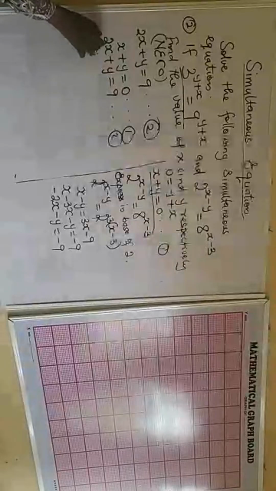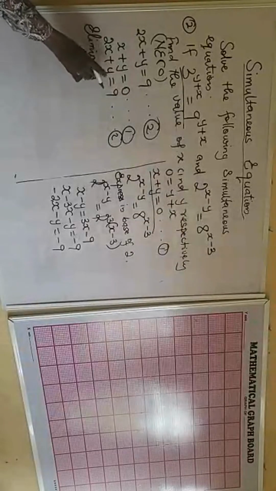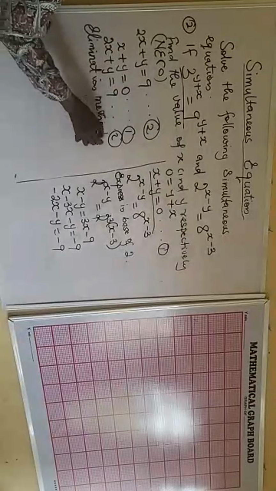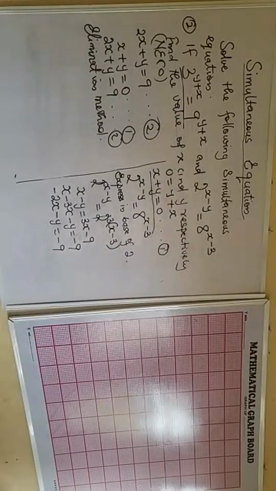Let us now use the elimination method. What is elimination method? I will eliminate one of the alphabets and make use of the other one. So if you look at this, x plus y is equal to 0, and 2x plus y is equal to 9. The coefficients of y are equal, so I will not multiply equation 1 or equation 2 again.